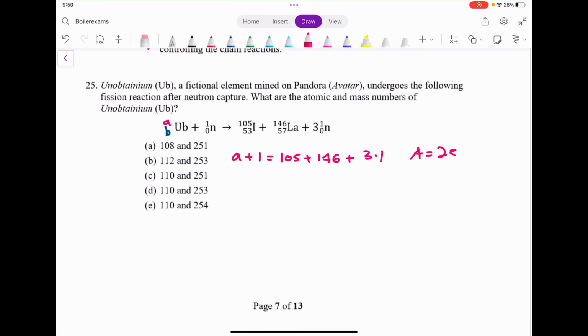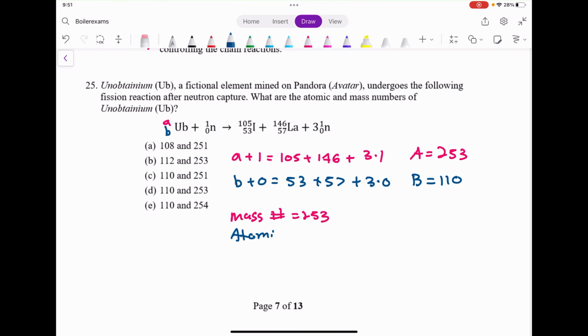A equals 253. B plus 0 equals 53 plus 57 plus 3 times 0. B equals 110. So we have a mass number equal to 253. Atomic number equal to 110.